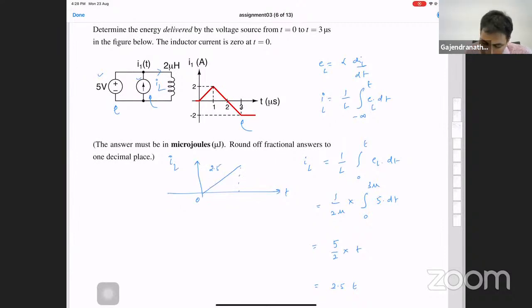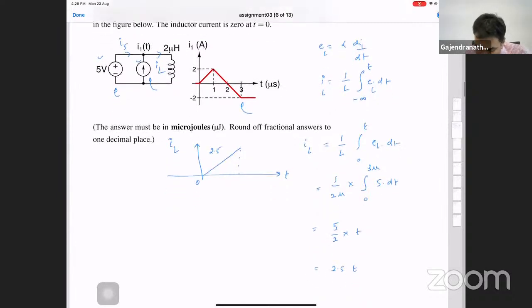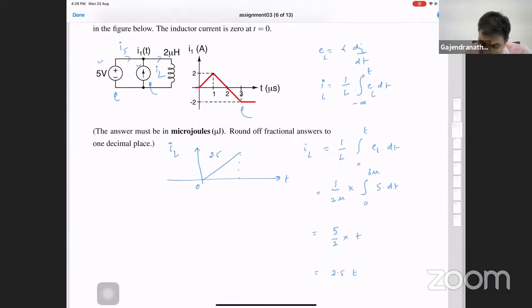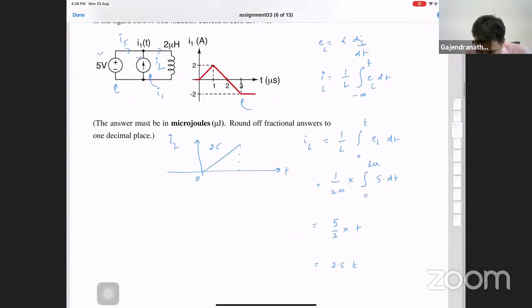Okay, now what is the power or energy given by the voltage source? So let's try to figure out what is the current which is given by this 5 volt source. Let's call it I5, right? Now I5 is basically equal to, so if you write a KCL here, let's call this I1.